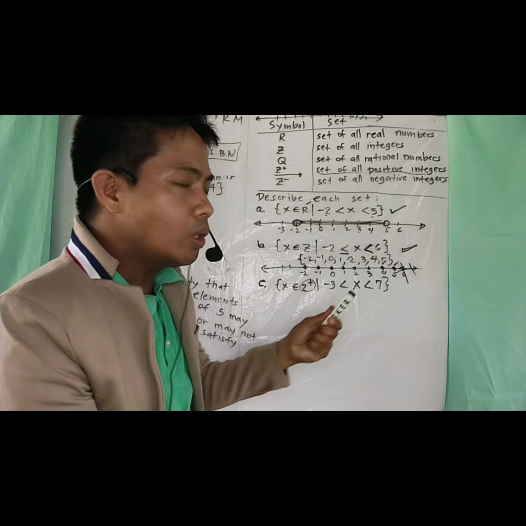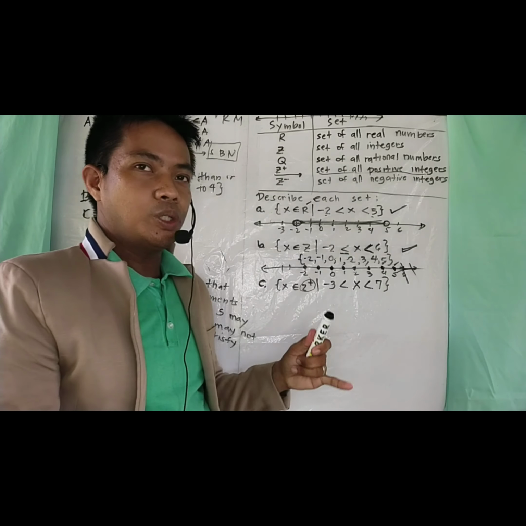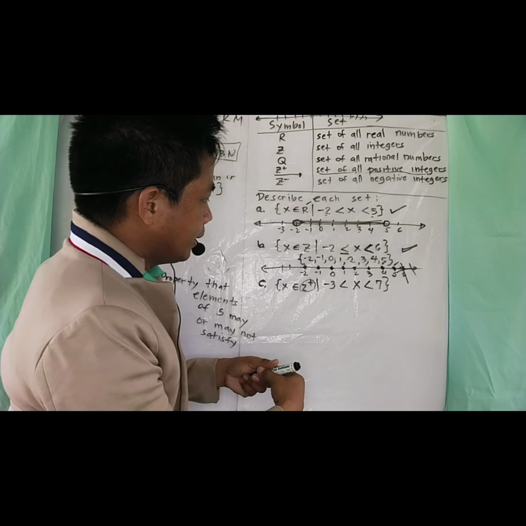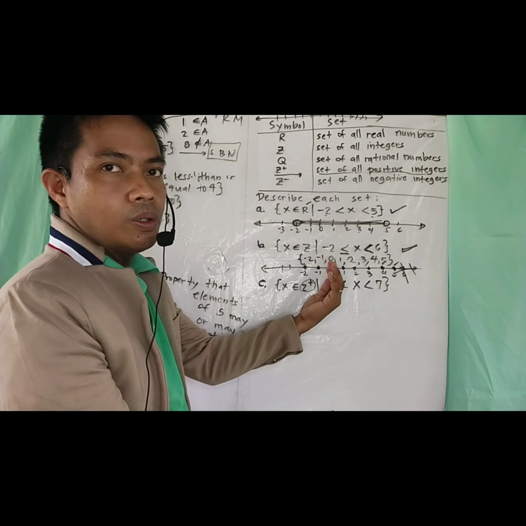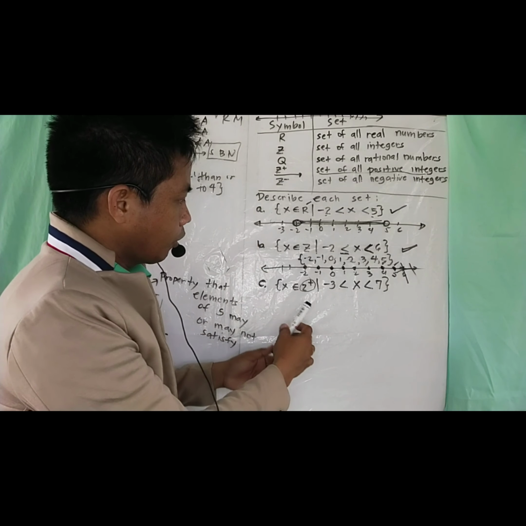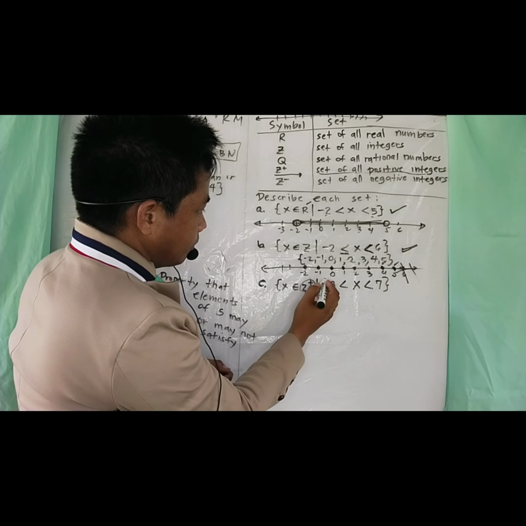Again, those are whole numbers, positive numbers, without decimal, without fraction. All whole numbers. So meaning the negative numbers are not part anymore, because it is positive. So do not include negative numbers now.